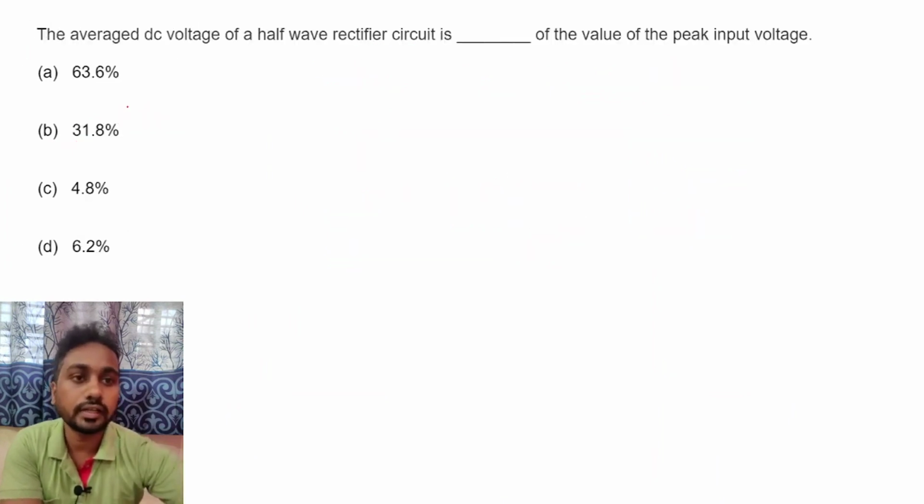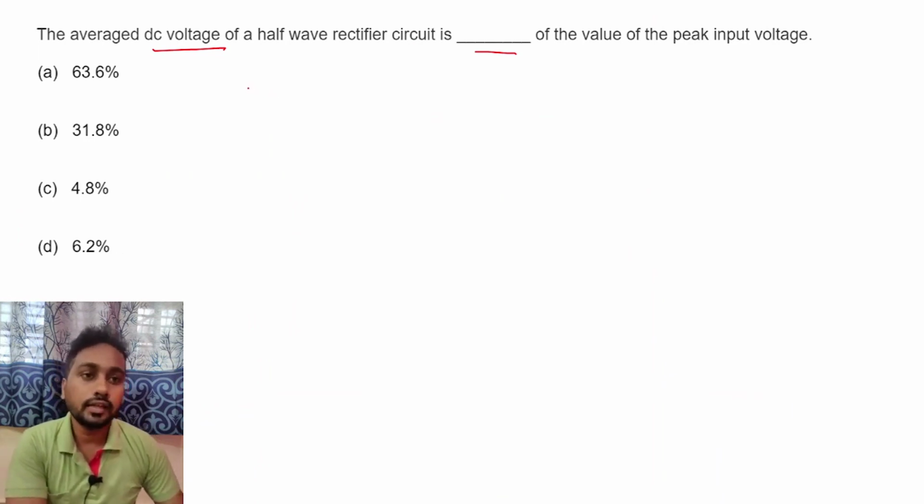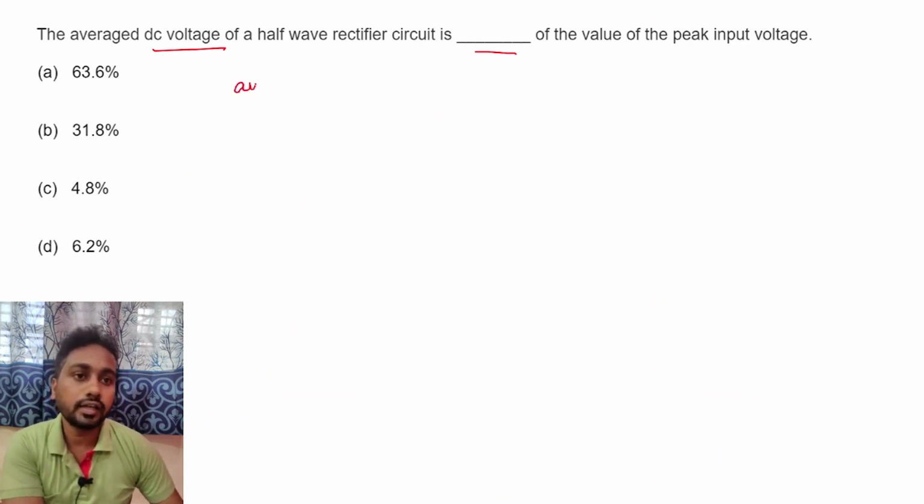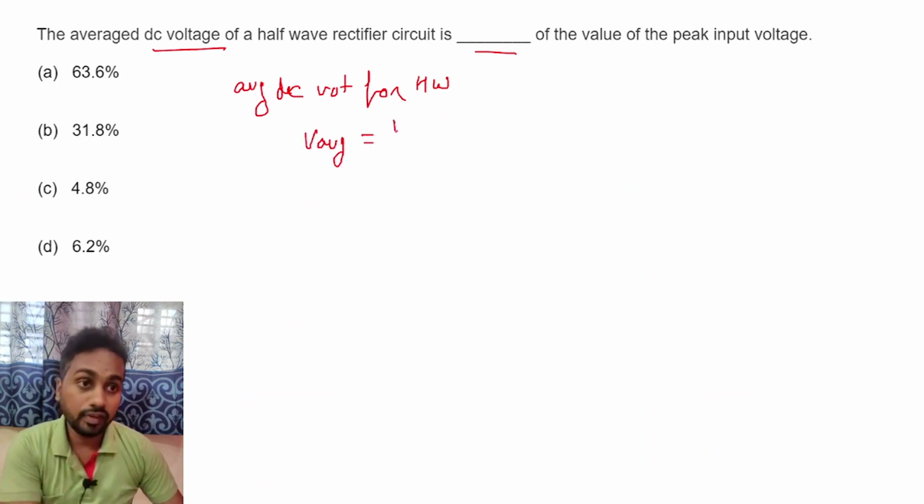We'll see the next one. The average DC voltage of a half wave rectifier circuit is what of the value of the peak input voltage? Average DC voltage for a half wave rectifier is Vm by pi, which is equal to 0.318 Vm.